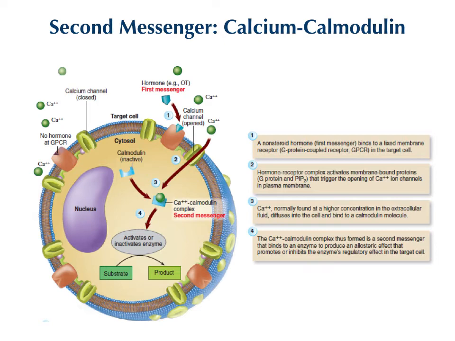The calcium ions that enter the cytosol when the channels open bind to the intracellular molecule called calmodulin. The calcium-calmodulin complex that's formed acts as a second messenger that will influence the enzymes that produce the target cell's response.